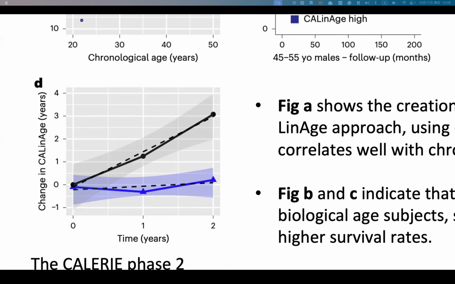What I want to say is, maybe someone's chronological age is 20, but their biological age is 40. In this kind of situation, when they do some exercise or diet, maybe their biological age will be reduced.